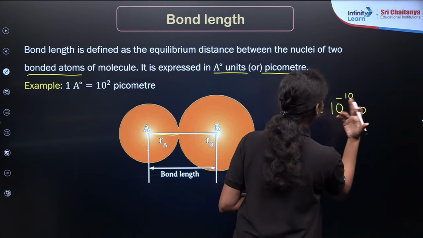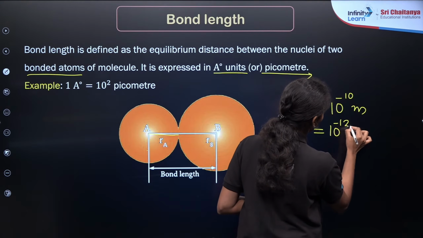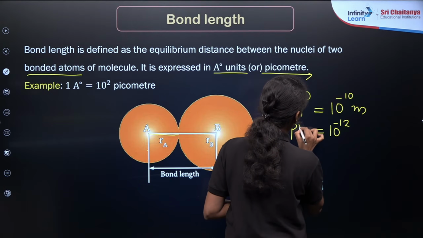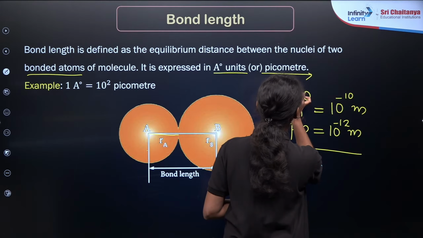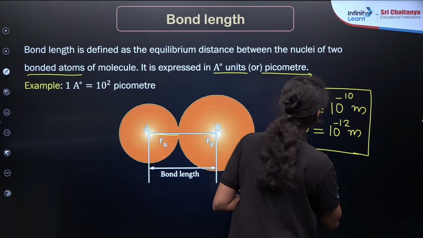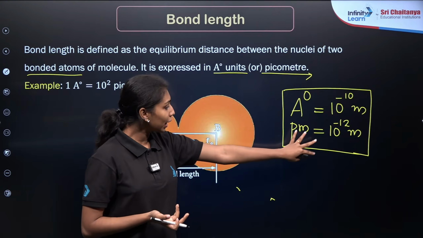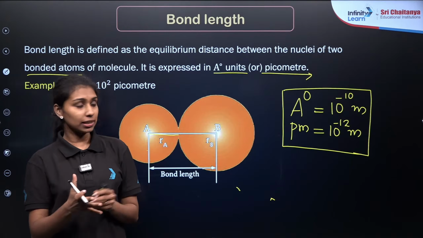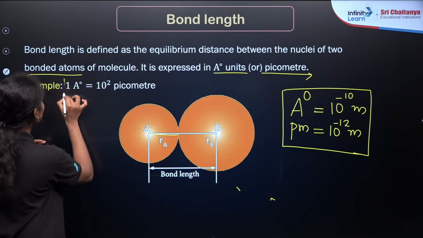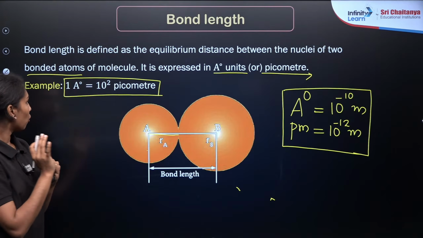So these are the two units for bond length. Either we can express it in angstrom, which is equal to 10 to the power minus 10 meter, or in picometer. PM stands for picometer, which is equal to 10 to the power minus 12 meter. Otherwise, we can write 1 angstrom is equal to 10 squared, or 100 picometer. I hope you understand.